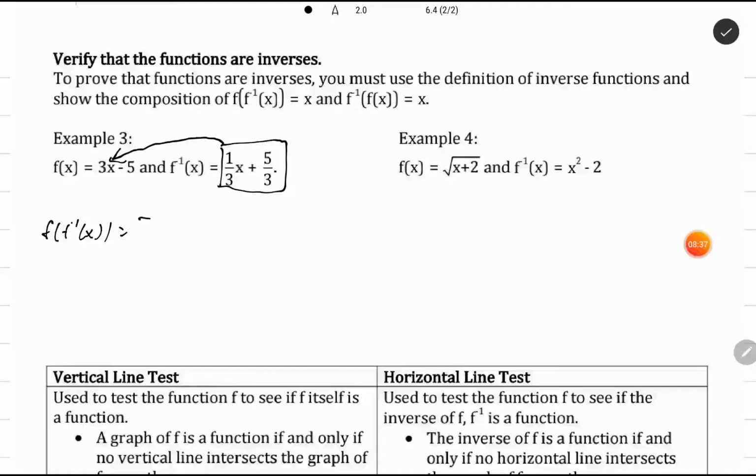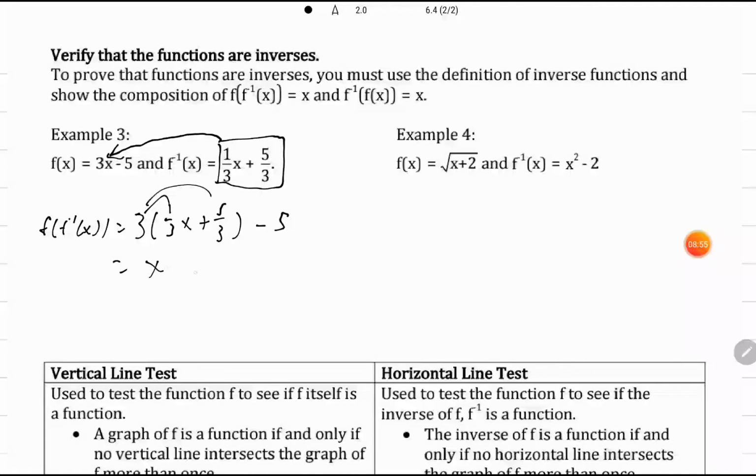So I have 3, which is what my f function starts off with, and then x is now 1/3 x plus 5 over 3, and then we have minus 5 from our original equation. Distribute this through, and I'll get x plus 5 minus 5, and I'll get x.